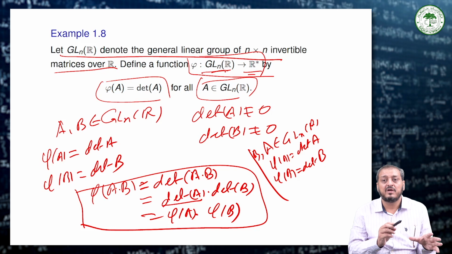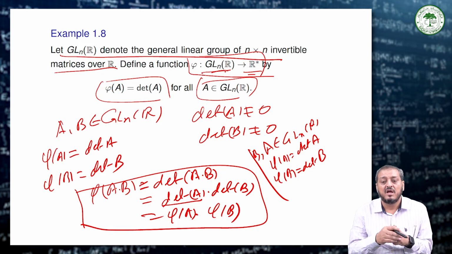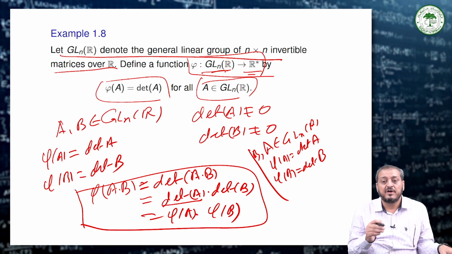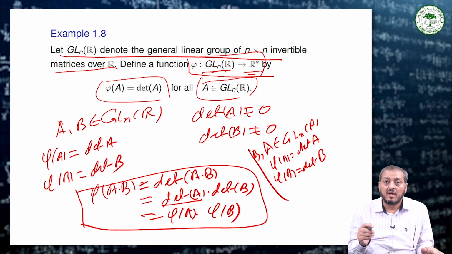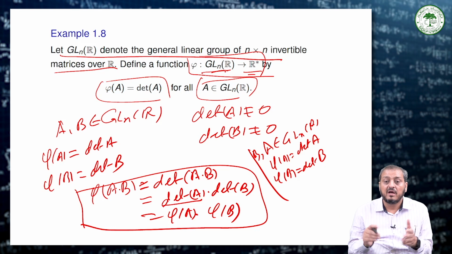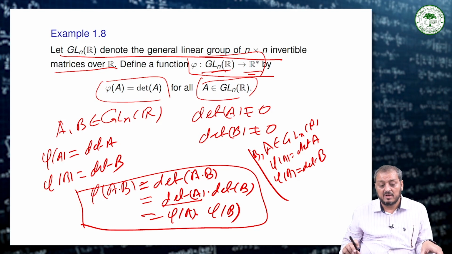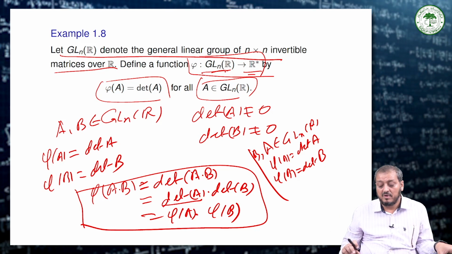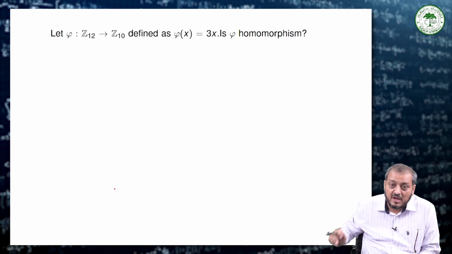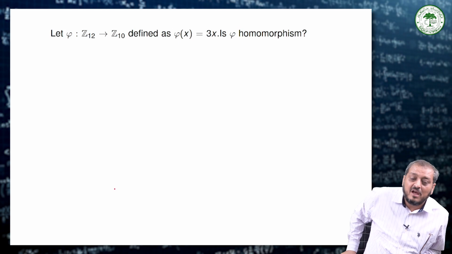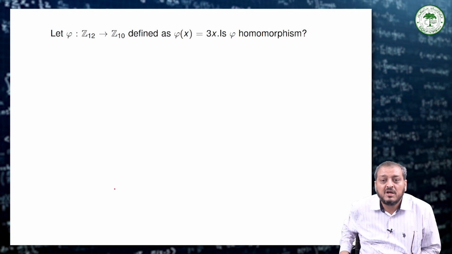That means phi of A times B is the same as phi of A times phi of B. So clearly this is another example which shows a homomorphism.